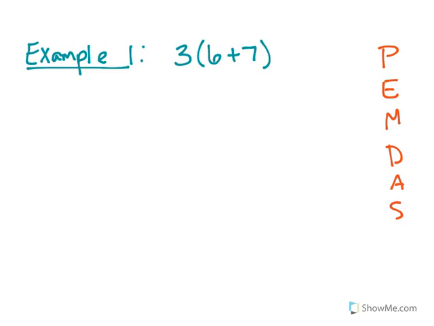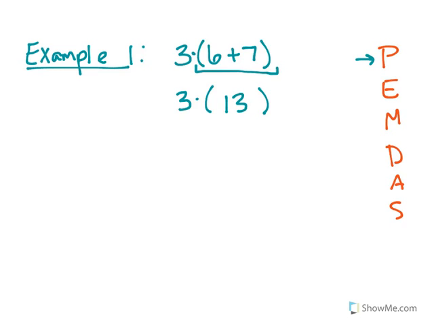Okay, here's example 1. So I'm given 3 times, remember that there's a multiplication sign here, it's always understood to be there, the sum of 6 plus 7. So let's go through our PEMDAS. Are there any parentheses? And the answer is yes. So let's make sure that we get rid of those parentheses or simplify what's inside of them. So this is going to be 3 times whatever 6 plus 7 happens to be, which is 13.